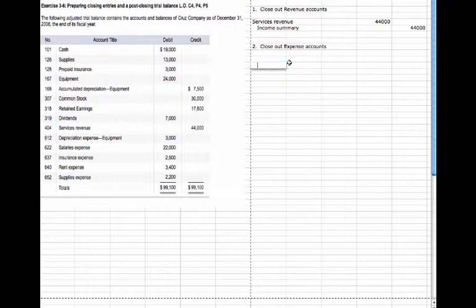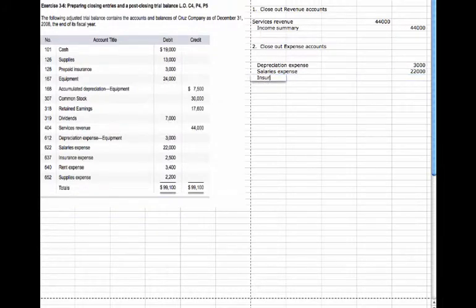So we're going to credit depreciation for $3,000. Then we're going to credit salaries in the amount of $22,000.